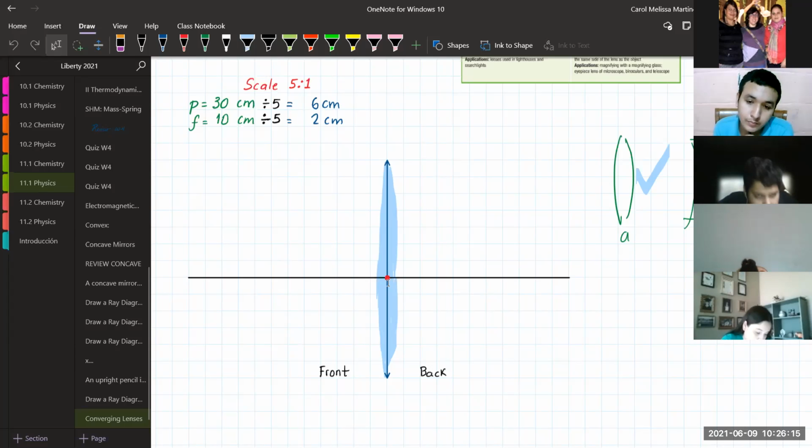So it says that the focal is 10 centimeters, so I will measure 2 centimeters. Or in my case, it's going to be 2 squares, okay? So this is my first and this is my second square. But I'm going to measure it at the two sides of the lens. First, second square. So those are the 2 points where I'm going to write my focal.